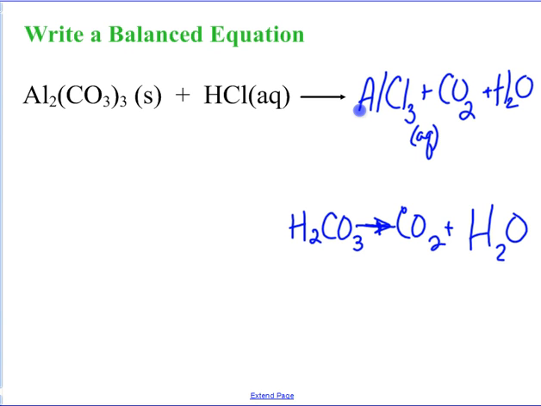If I were to go ahead and balance this equation, I'll put a 3 here, 3 carbonates, and then I'll have to put a 6 here, and then a 3 here.